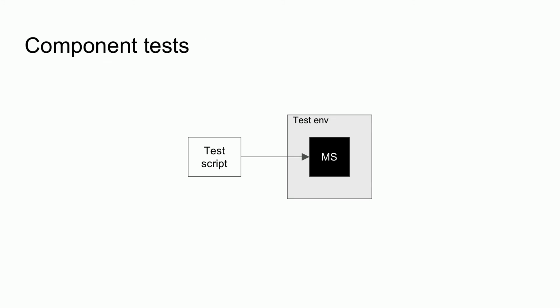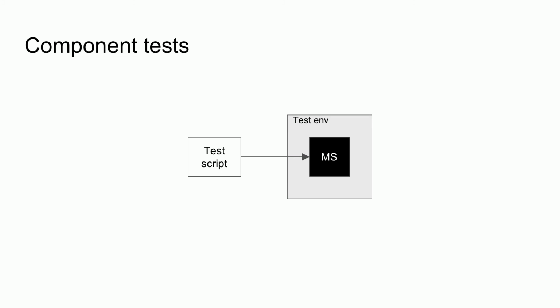So how do we test our components, our microservice? So this is a simplified sort of visualization. We have a microservice that we start in some test environment, and then we run a test script against it. And when we say microservice, it's usually some sort of a stateful component.